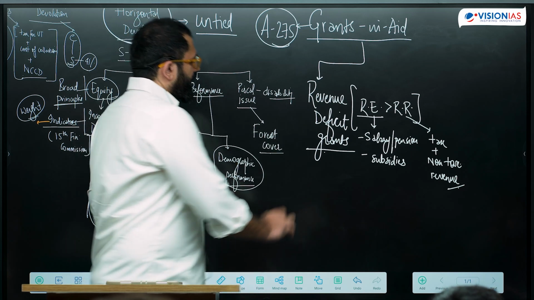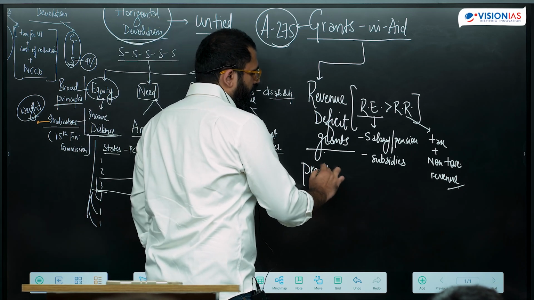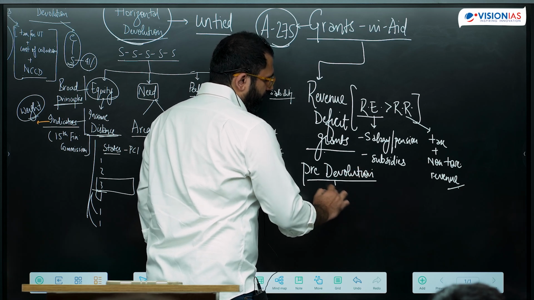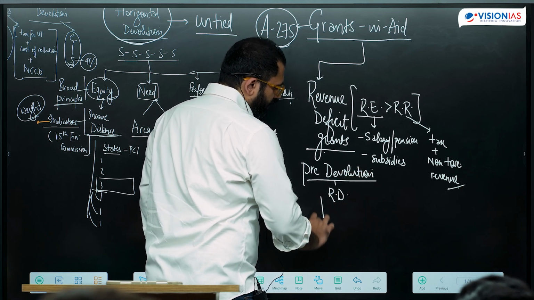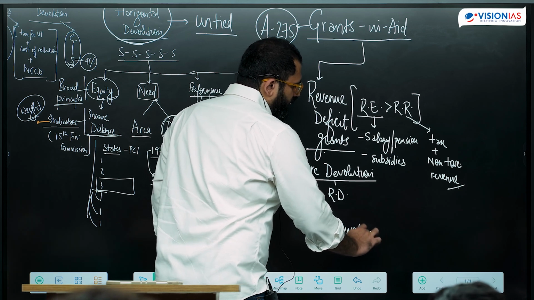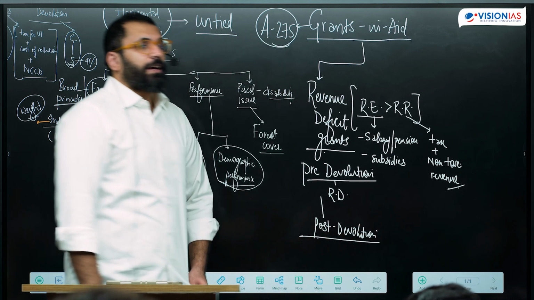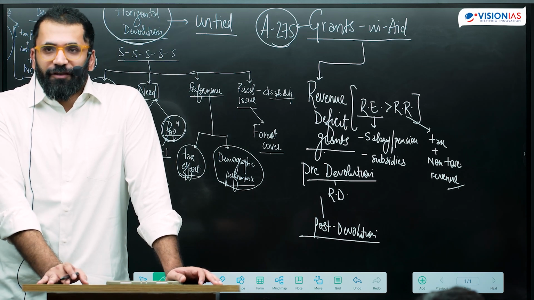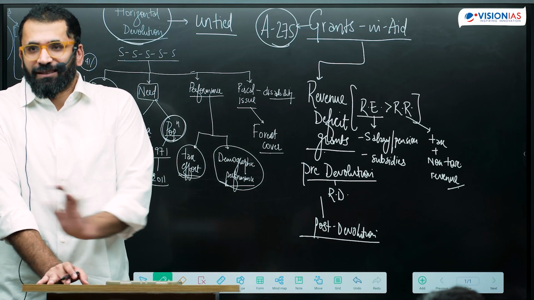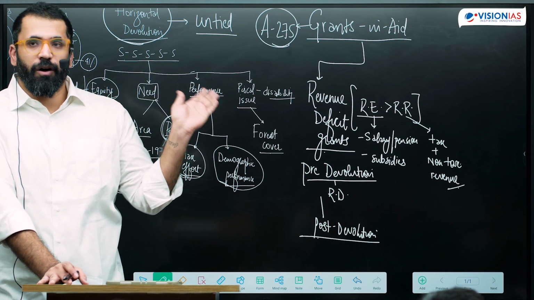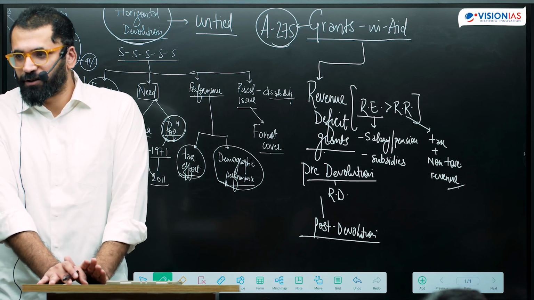For example, pre-devolution, any particular state has a revenue deficit, and post-devolution also the revenue deficit persists. The pre-devolution and the post-devolution money, the revenue deficit of the state still persists. That means they do not have very good revenue collection, or they cannot manage their revenue expenditure.